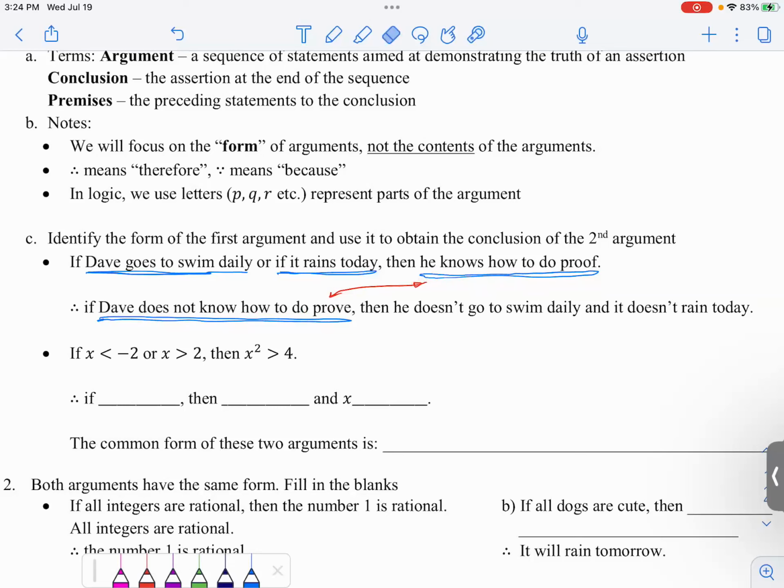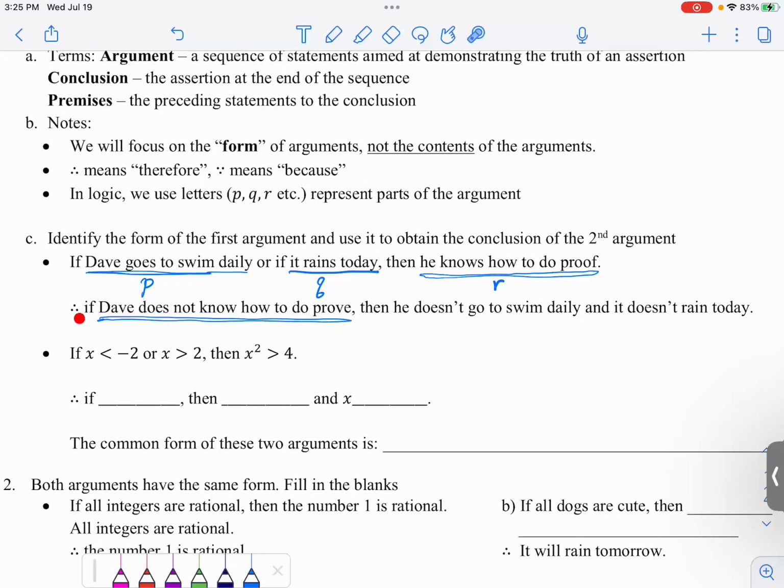So now I'm going to introduce a letter to represent each part of the argument. So I'm going to let P represent Dave goes to swim daily, and let Q represent it rains today. So it doesn't include the if, okay? Just it rains today. And then R represents Dave knows how to do proof.